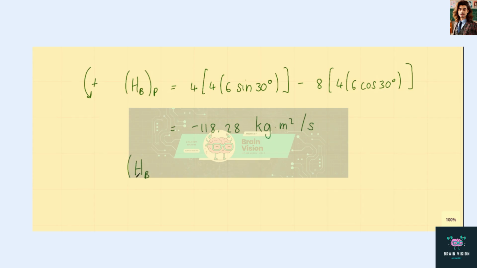So the vector angular momentum of B about point P is equal to minus 118.28 in the k direction, and that's kg meter squared per second.